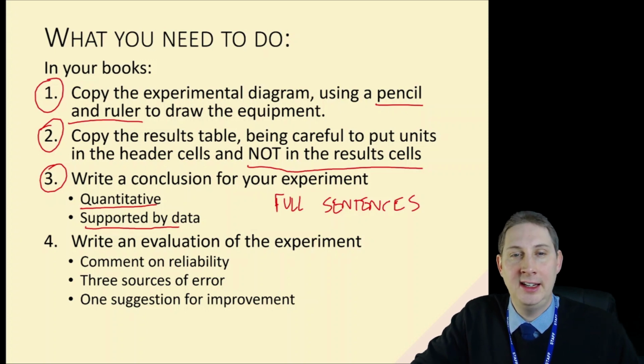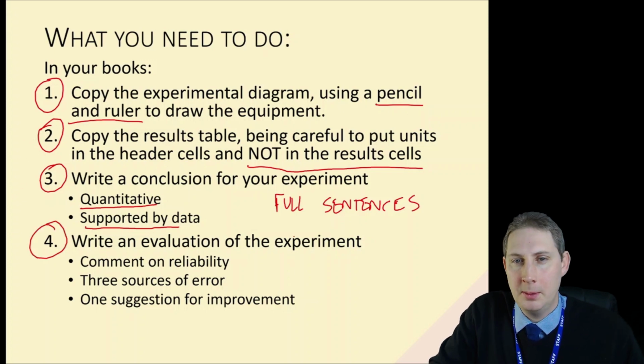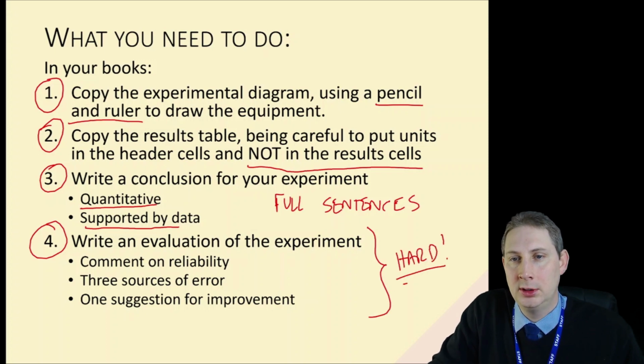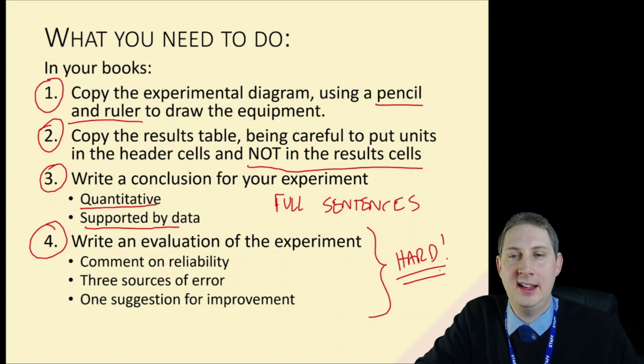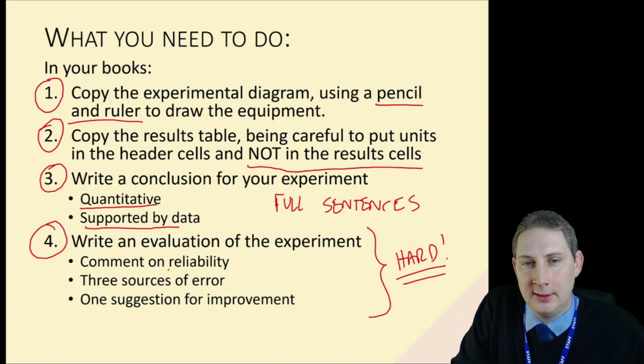And finally, write an evaluation of the experiment. And I accept this is hard, but you do need to learn how to do it. Certainly by GCSE, so you may as well start practicing now. Do you believe the experiment, the reliability?